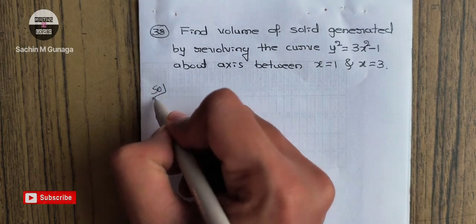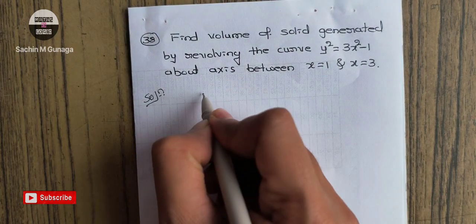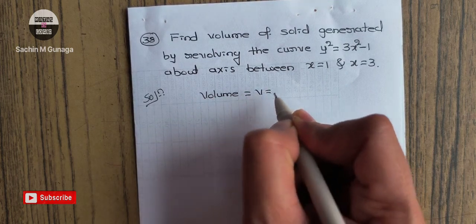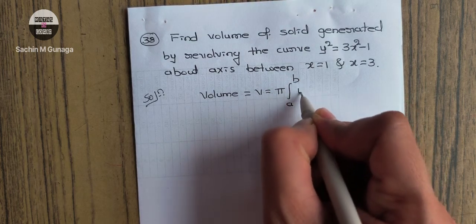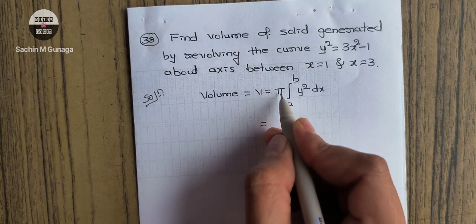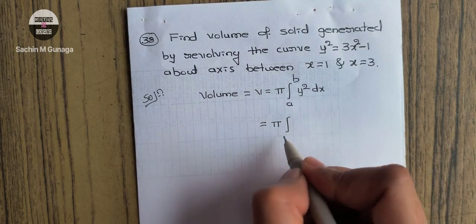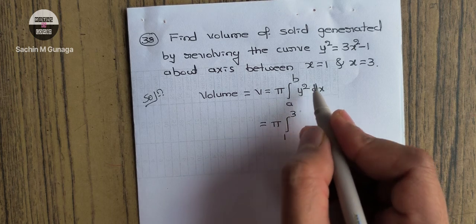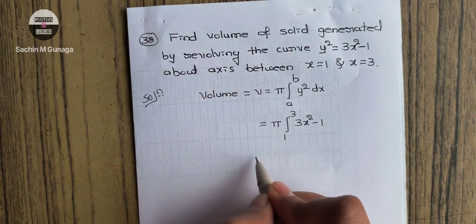Therefore volume V is equal to, the formula is pi times the integration from a to b of y square with respect to dx. So this pi I am going to keep as it is. Next, the lower limit. What is the lowest value here? 1. Next, the upper limit. What is the highest value? 3. Next, y square. Y square is how much here? 3x square minus 1. First integrate.